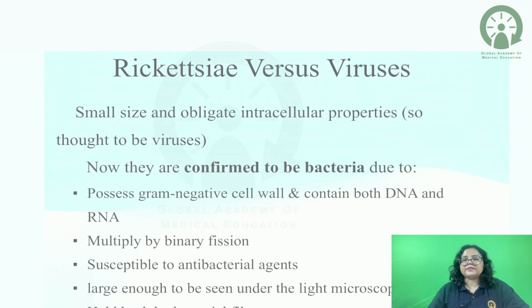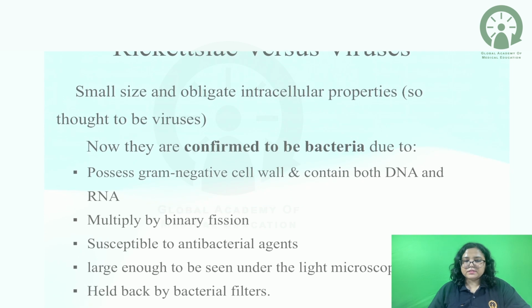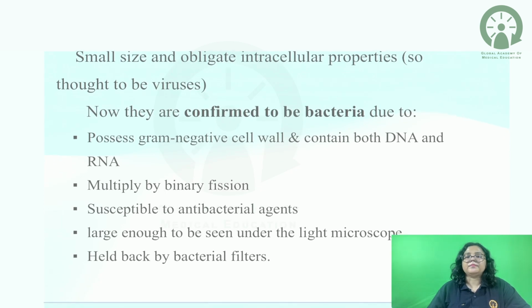Seeing the characteristics of Rickettsiae, like their small size and obligate intracellular properties, it was initially thought that they were viruses. But now they are confirmed to be bacteria because they possess a gram-negative cell wall and both DNA and RNA. Although staining is better with Giemsa stain, they are gram-negative and can also be stained by Gram stain.